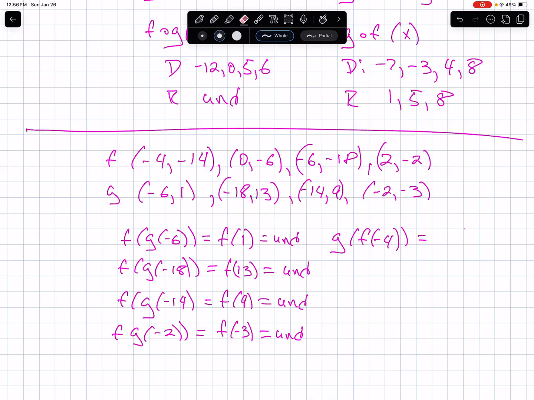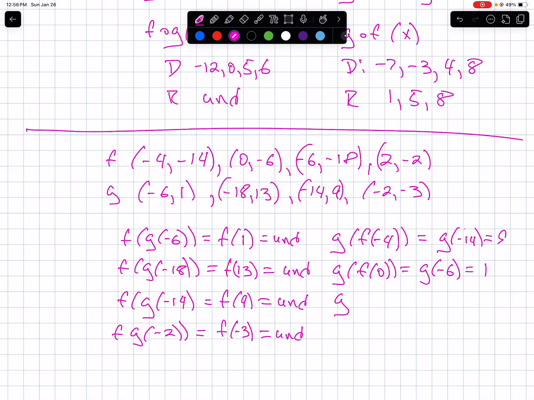So F of negative 4 is G of negative 14. And then G of negative 14 is 9. So G of F of 0 is G of negative 6. And negative 6 is 1.